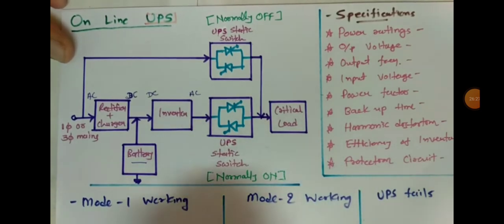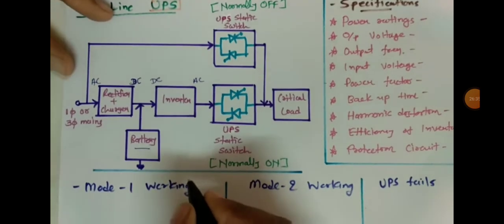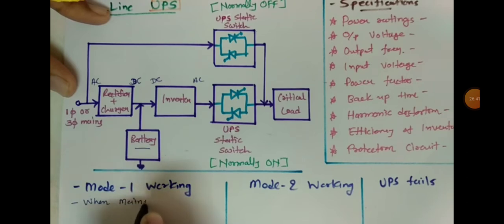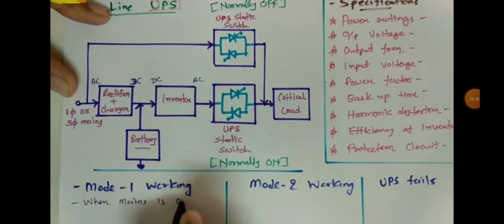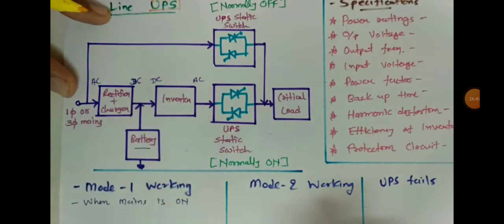So let us try to understand how this circuit functions in three different modes. The first mode is when mains is on. So mode 1 working, where the condition is when mains is on. Mains means input that is available.